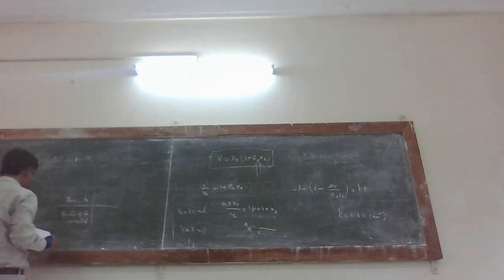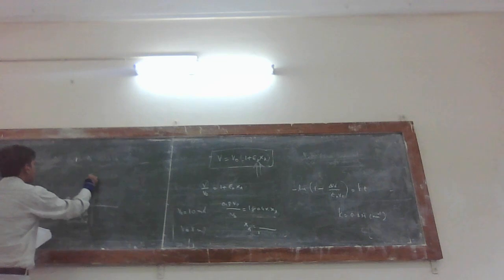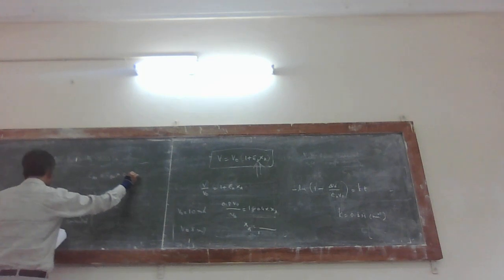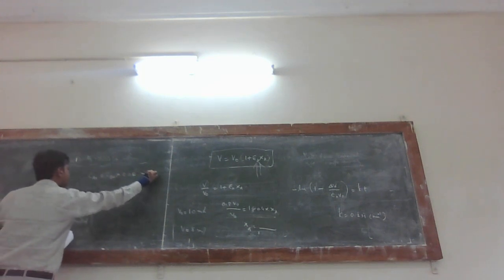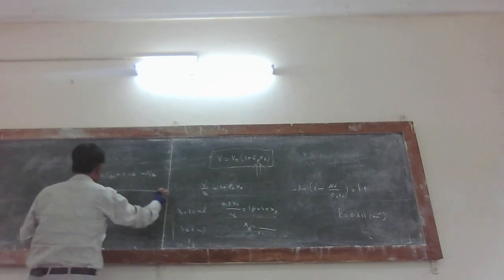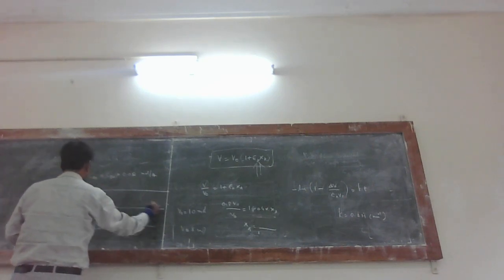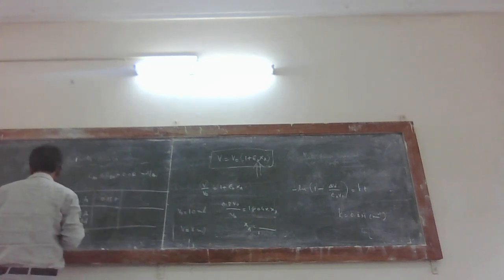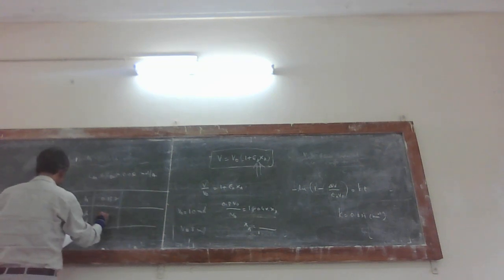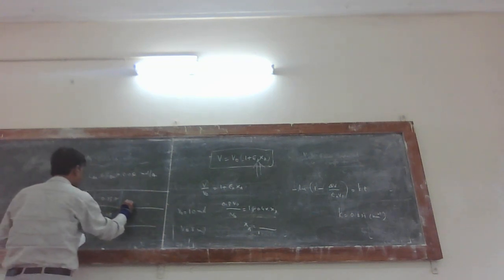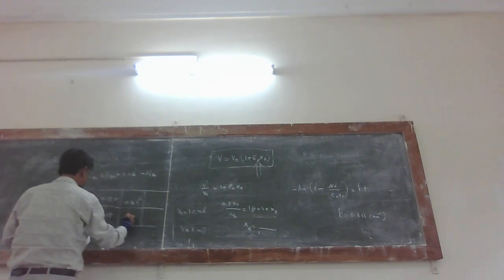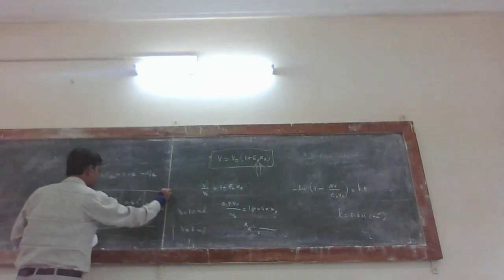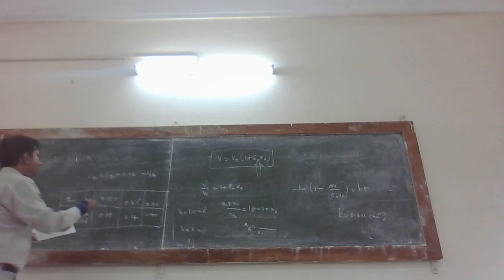Given Ca naught is equal to Cb naught is equal to 0.052 moles per liter. The equilibrium constant of the reaction, capital K, is 1.45.